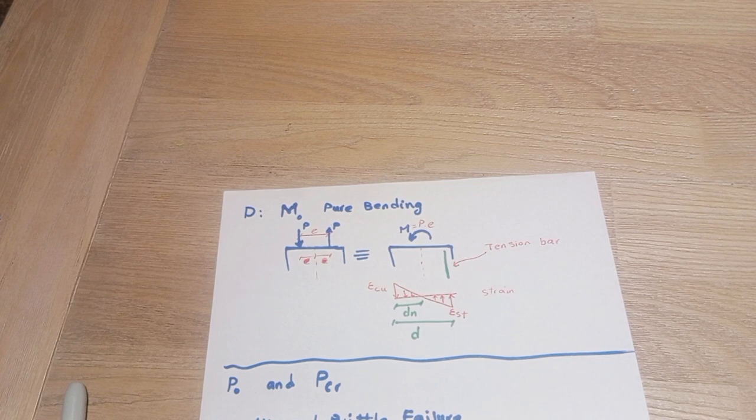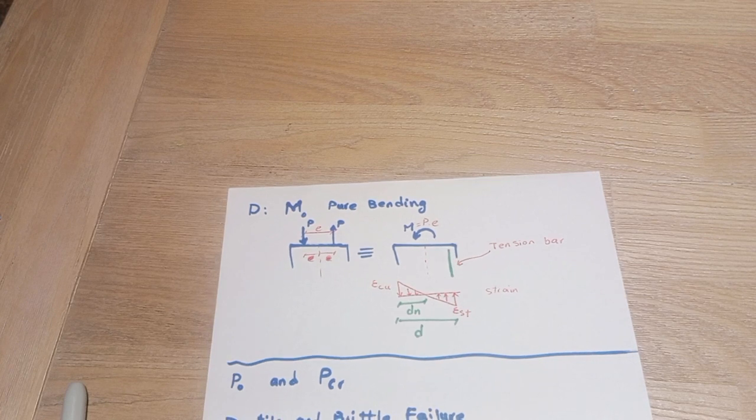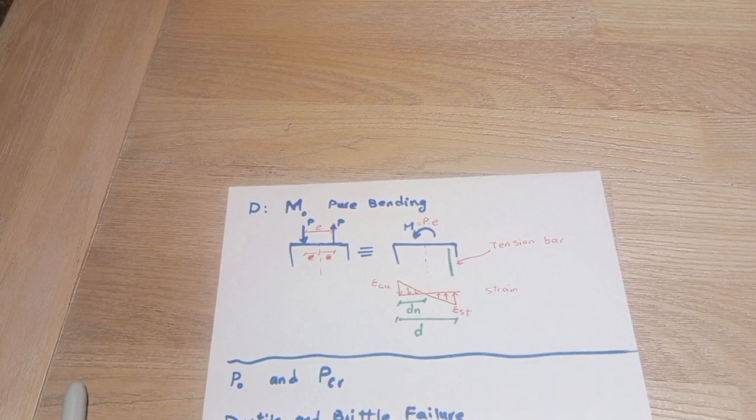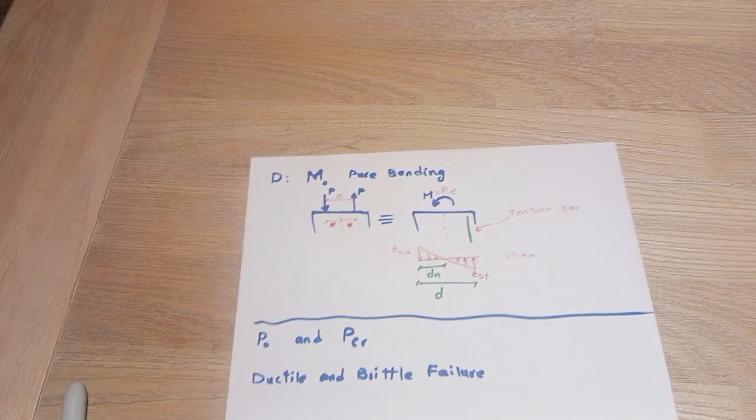Just remember, we're always going to use the reduced capacity of M. If we calculate Mn, we're going to apply the phi value or reduction factor, that is a combination of ductility factor, and then we're going to use that to compare with the design loads.